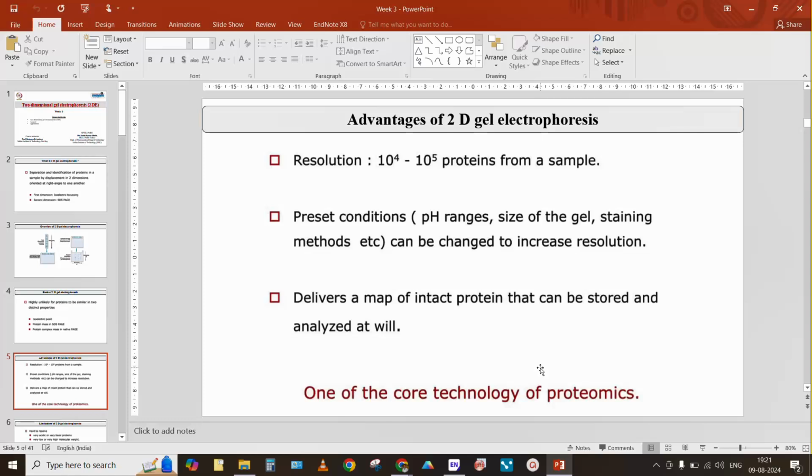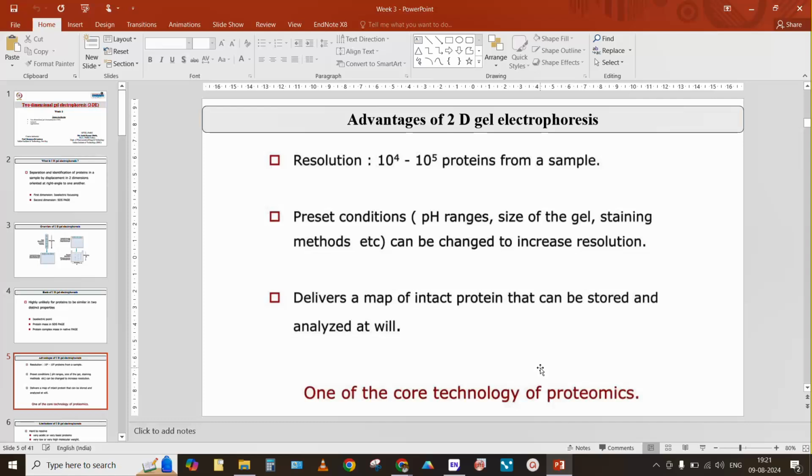Then there is quantitative analysis. The intensity of protein spots on a gel can be quantified to estimate the relative abundance of proteins in different samples. This is useful for identifying proteins that are up or down regulated under specific conditions.